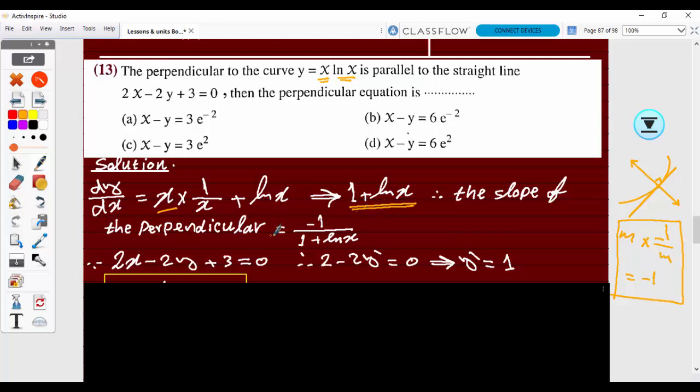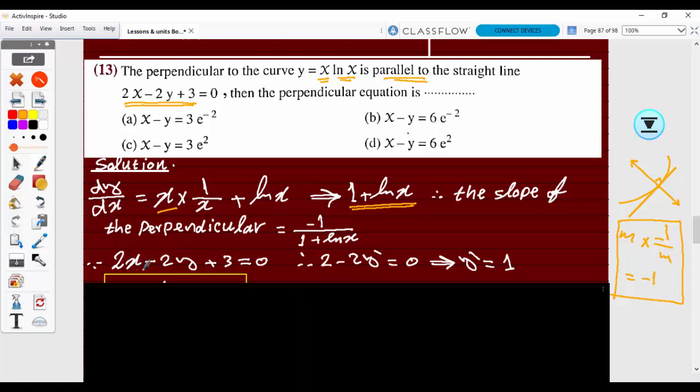So the slope of the perpendicular equals its reciprocal multiplied by -1, which equals -1 over 1 plus ln x. And from the given, the perpendicular is parallel to this straight line. So they have equal slopes, the same slope.